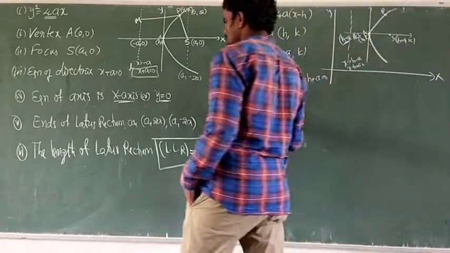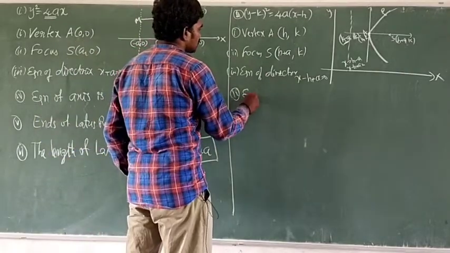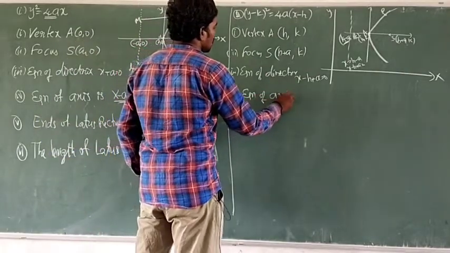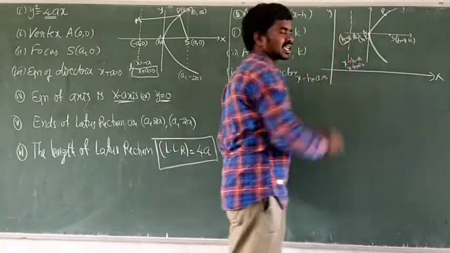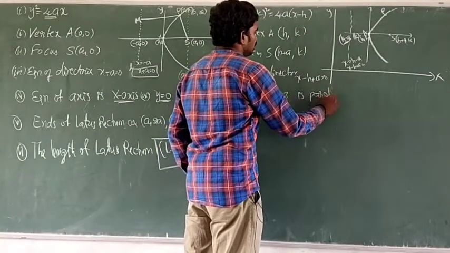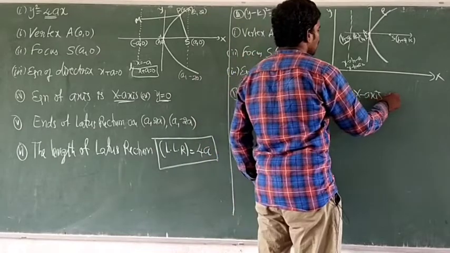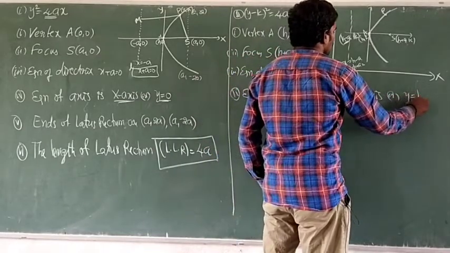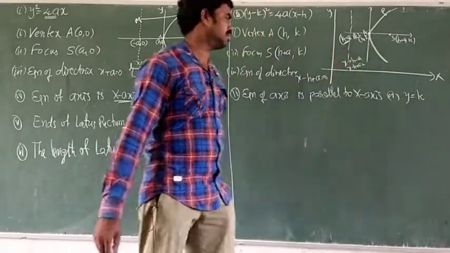Next, fourth one, equation of axis. Here it is not the x-axis; the axis is parallel to the x-axis. Not y equals 0, but y equals the constant k.